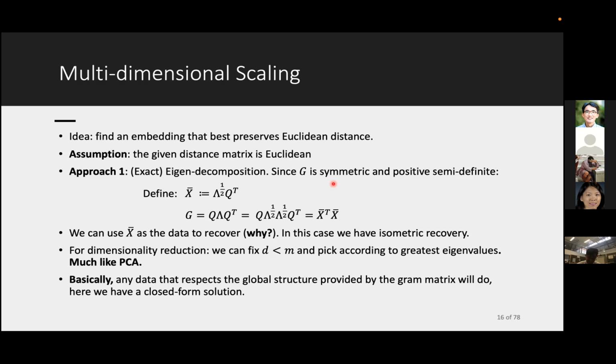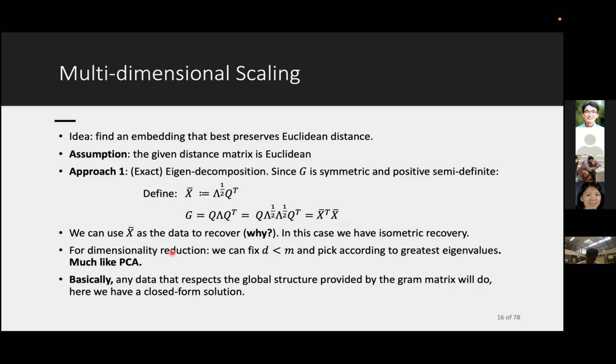All right, thank you. Yeah, that's a very detailed answer. So we preserve the global structure of the gram matrix, and therefore we preserve the pairwise distance. So it is a valid embedding.